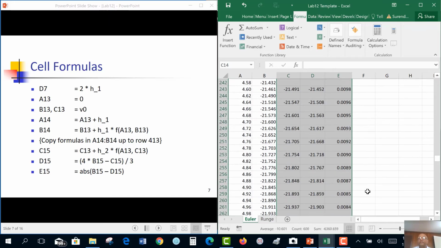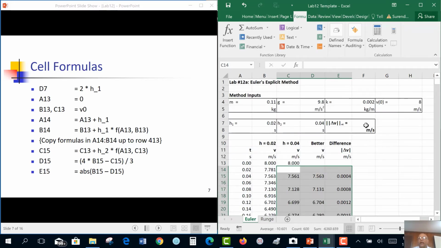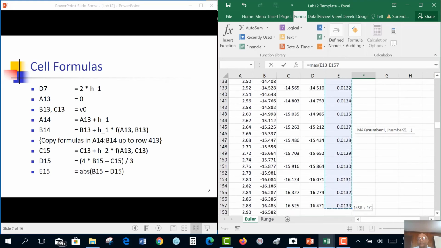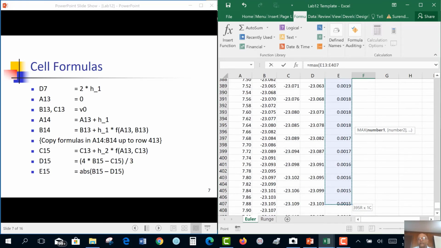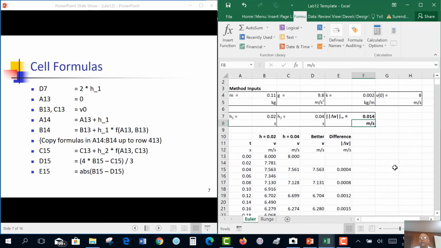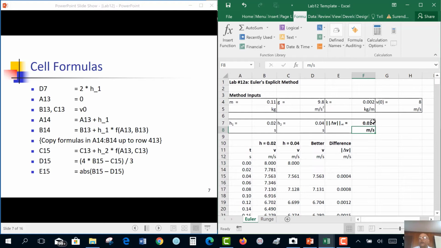All right. And then let's calculate our vector norm of delta V. And find out what the maximum value is. So it says 0.014.